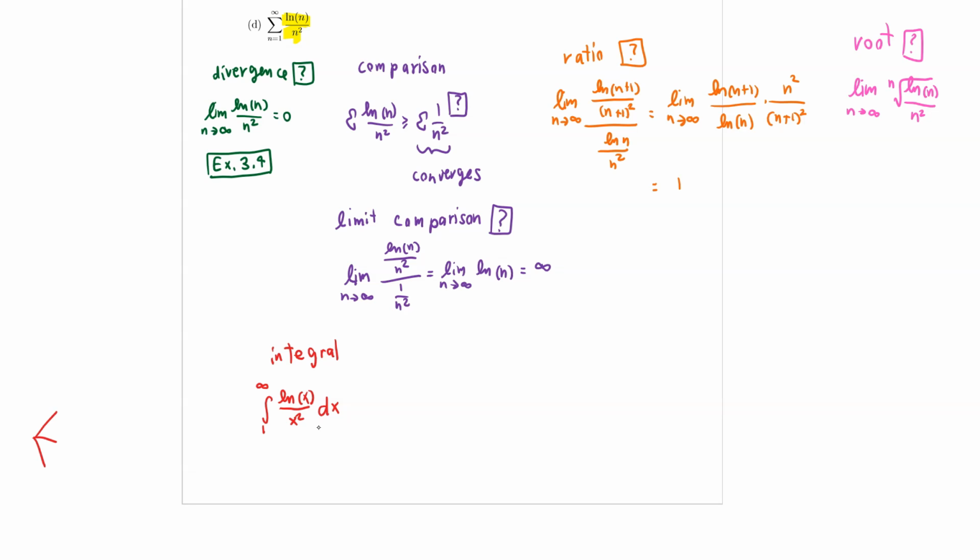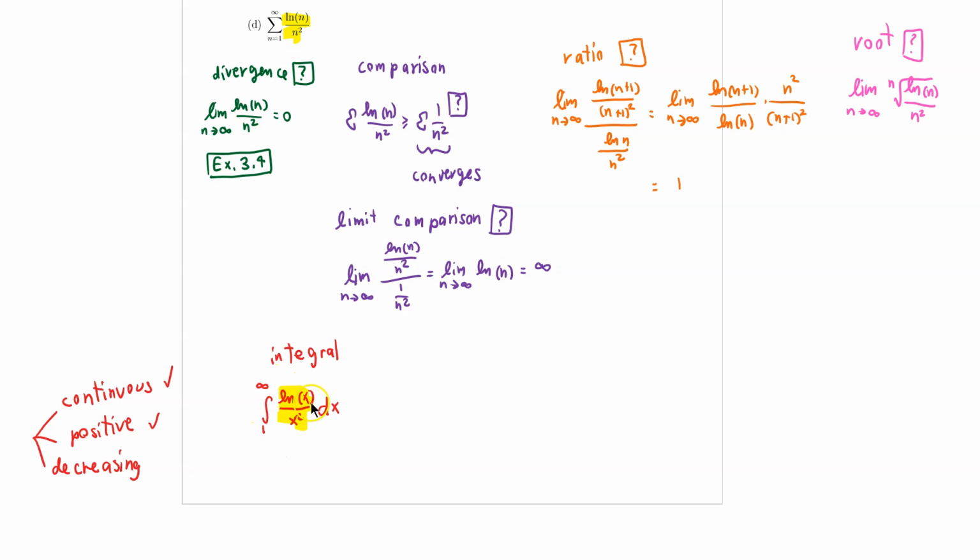We have to see if our function, which is log x over x squared here, is continuous, positive, and decreasing. Well, for this function log of x over x squared, this is definitely continuous, and it is definitely positive because log of x is going to be positive when x is bigger than 1.